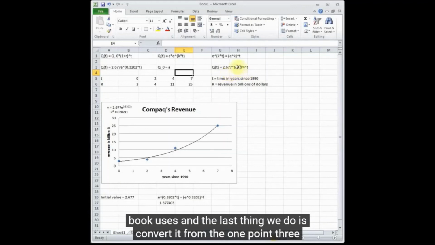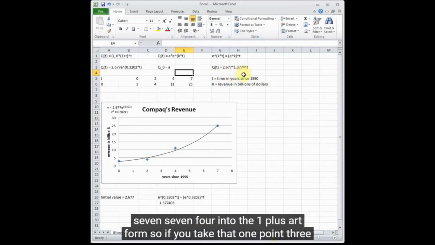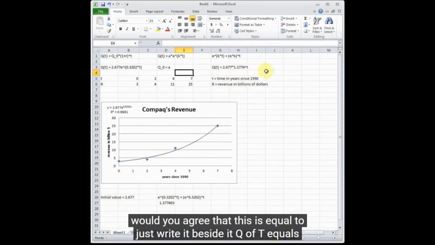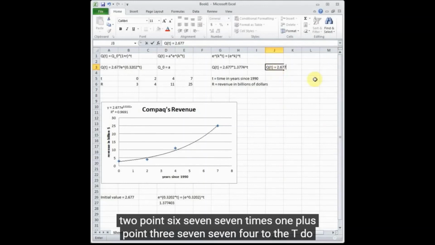And the last thing we have to do is convert it from the 1.3774 into the 1 plus r form. So if you take that 1.3774 and just think about pulling a 1 out of it, would you agree that this is equal to, just write it beside it, Q of t equals 2.677 times 1 plus 0.3774 to the t?